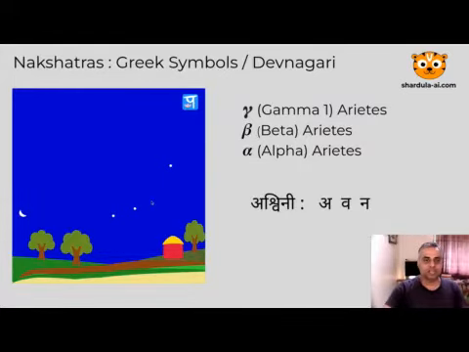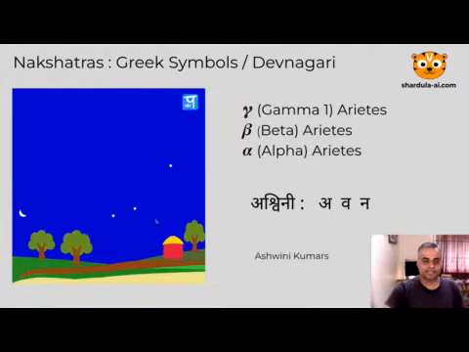And how we call it in Devanagari is Ashwini. Let us also see three different alphabets: this is A, this is V, and this is N. So we can pattern recognize these three alphabets and call it Ashwini, in case you are new to Devanagari.